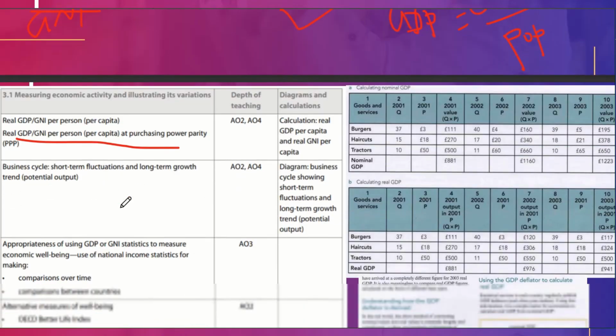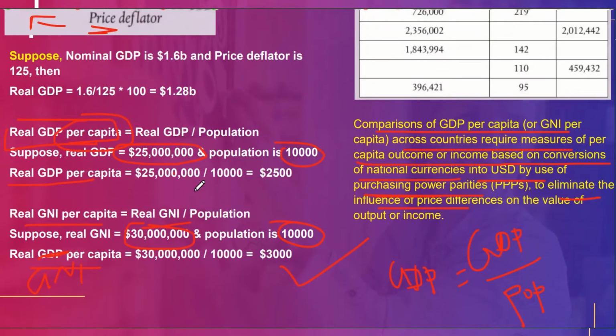So the thing is, each country has its own currency. For example, Singapore has the Singapore dollar, Australia the Australian dollar, India the Indian rupee, Russia the ruble, and in the USA, you know that, the US dollar.